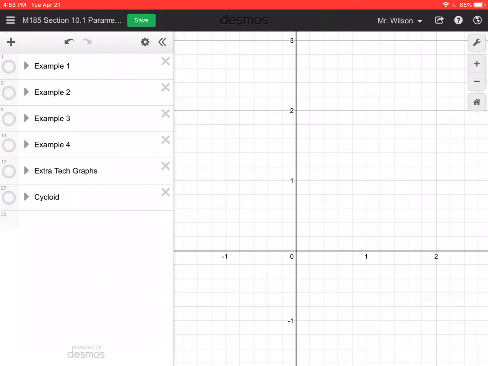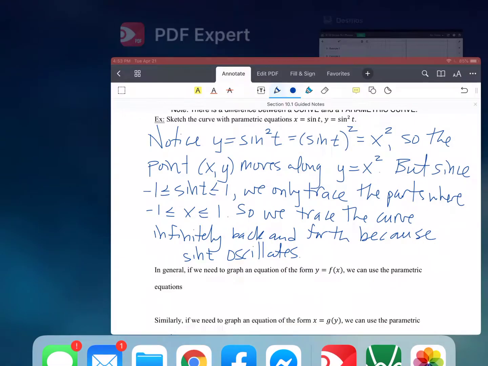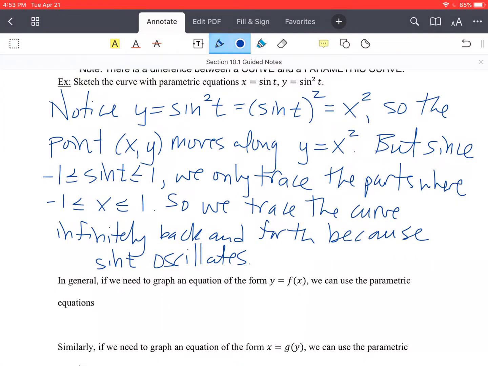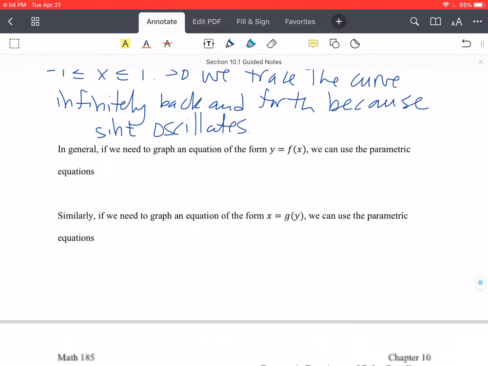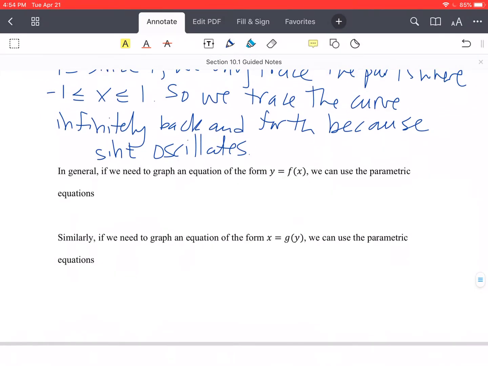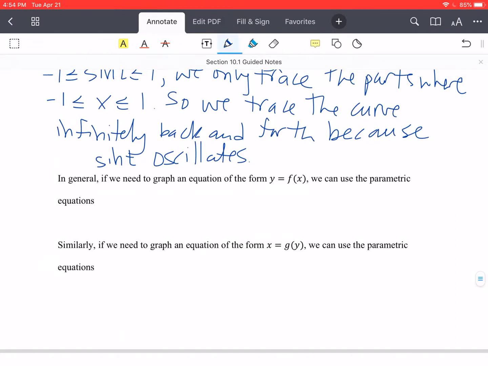Okay, so let's go back here. So a piece of information for us here, in general, if we need to graph an equation of the form y equals f of x, so if we have just a regular old function, but for some reason we need to put it into a parametric form, we can do that. All we need to do is let x equal t, so let x basically just be the parameter, and then y is f of t.